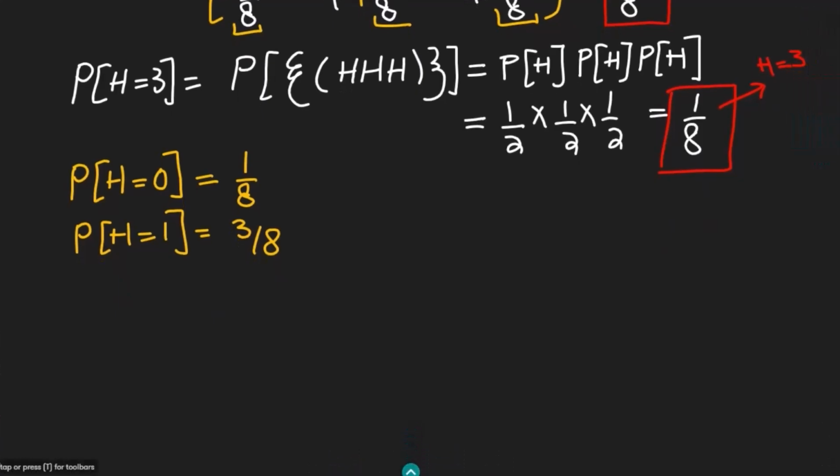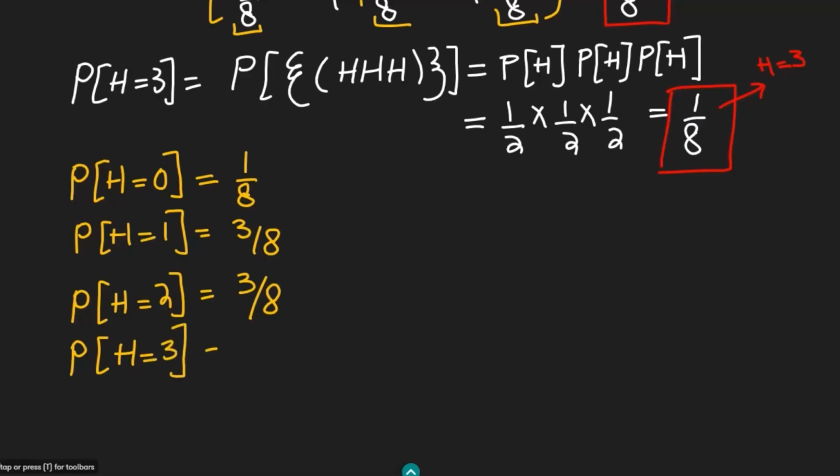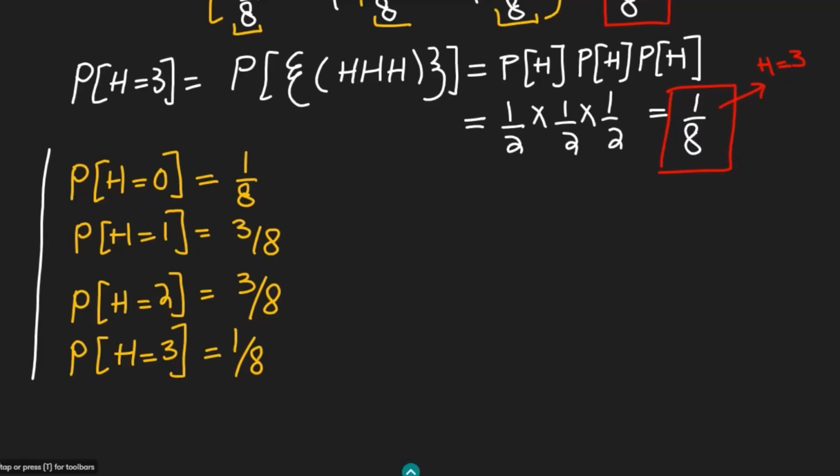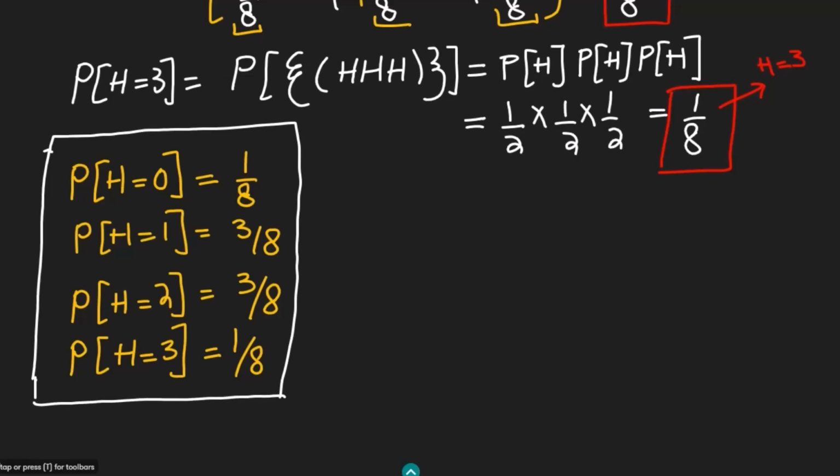The probability of heads equal to 2 is also 3 by 8, and the probability of heads equal to 3 is 1 by 8. So this is what we have found out, and these are basically the numerical values for the random variable, the number of heads.